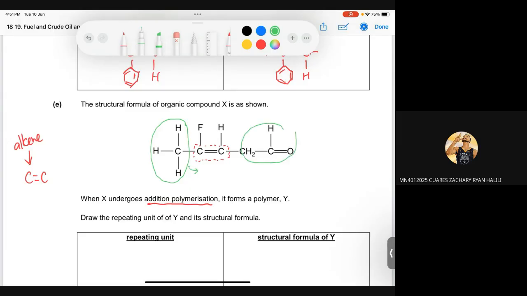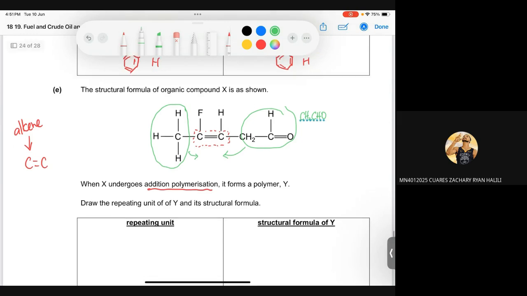This part, I'm going to condense to CH2, CHO, and shift it down, such that my left and right sides are empty.